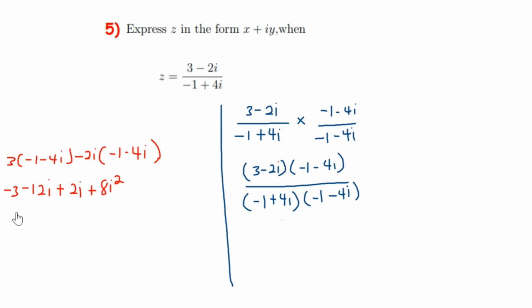So let's simplify this. This will be equal to minus 3 minus 12i plus 2i plus 8i squared. But you know that i squared is equal to negative 1, so negative 1 times 8 is negative 8. So this will give me minus 3 minus 8 minus 12i plus 2i.